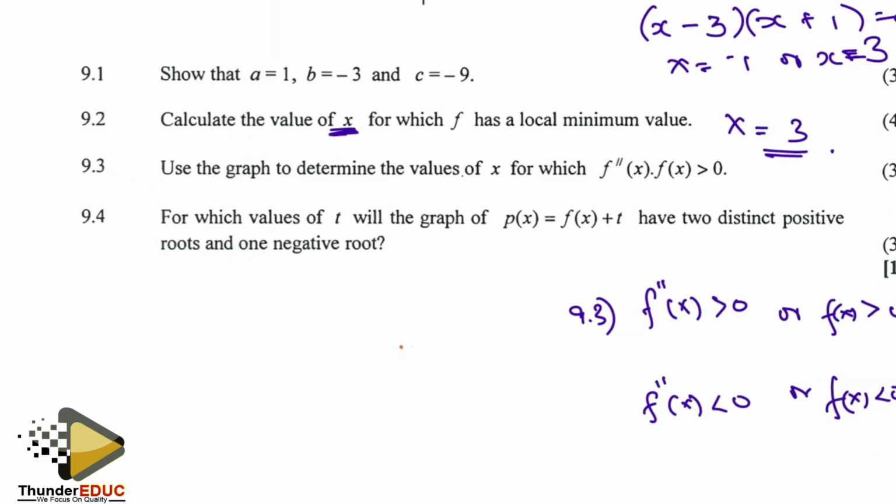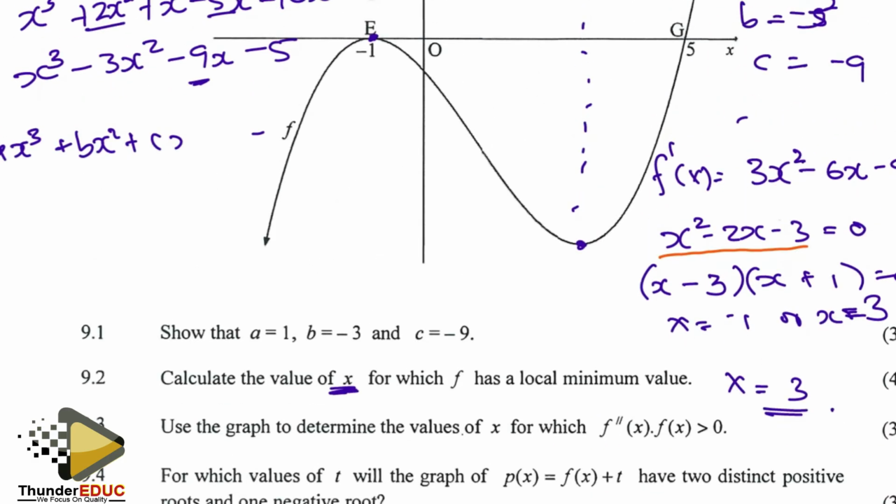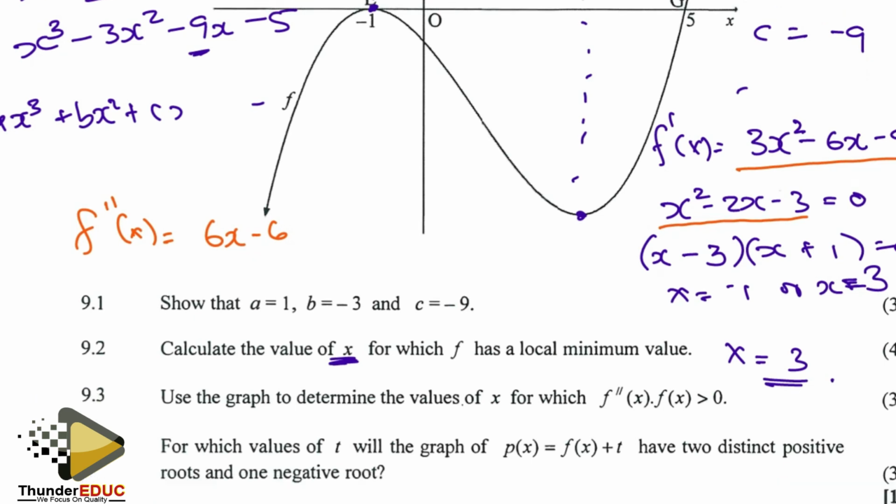So we already have the first derivative to be this. No, that's not true. First derivative to be 3x squared minus that. And then our second derivative is going to be 6x minus 6.